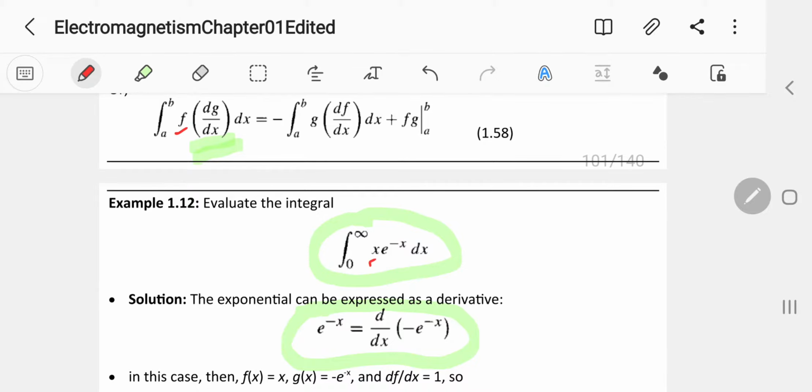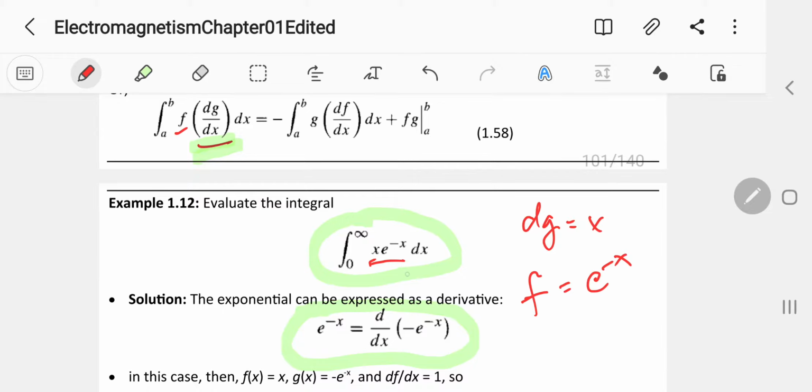And of course you can also do dg equal to x, and then your f would be equal to e to the negative x. But if you do this, you will just make things complicated. So you also have to make a decision which to assign to this function, part of the product here.